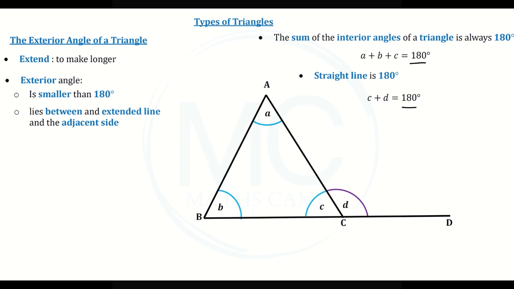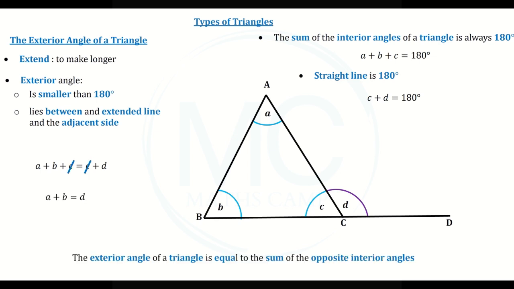So we can see that A plus B plus C is equal to C plus D. We have a C on both sides, so these will cancel out. And on the left, we have A plus B, which is now equal to D.